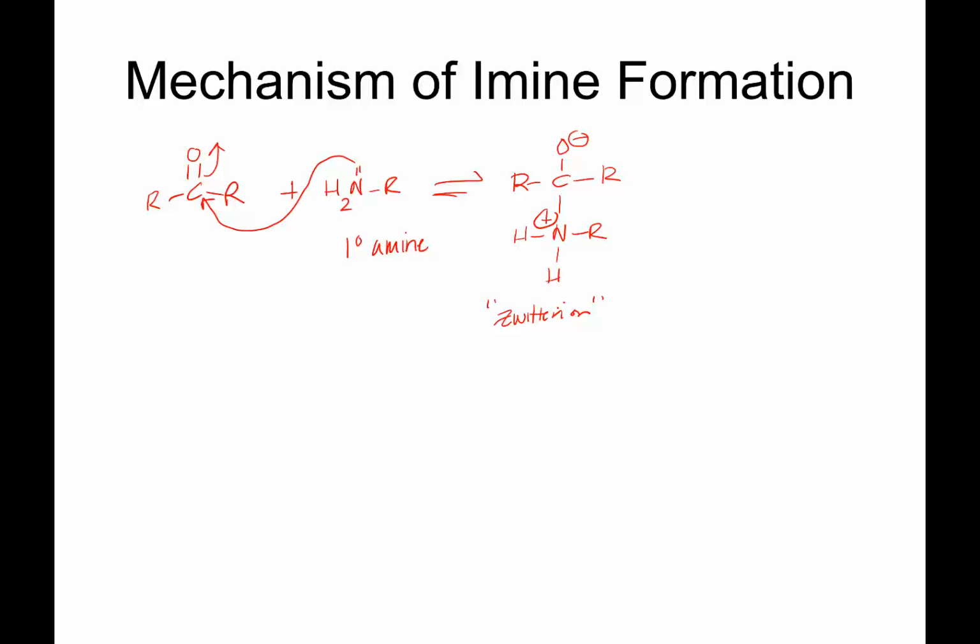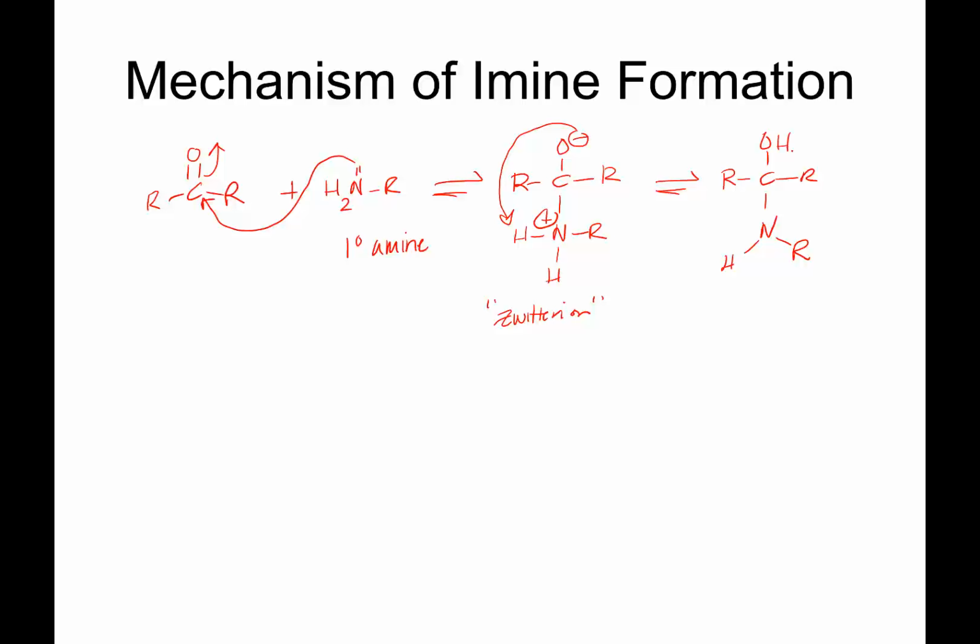Now, the hydrogen on the nitrogen is going to transfer to the O-. It's perfectly legitimate to just draw the arrow like that and have the O pick up the hydrogen from the nitrogen.